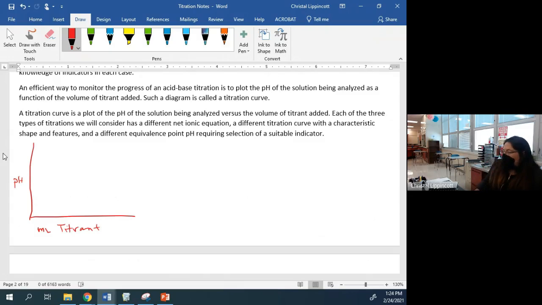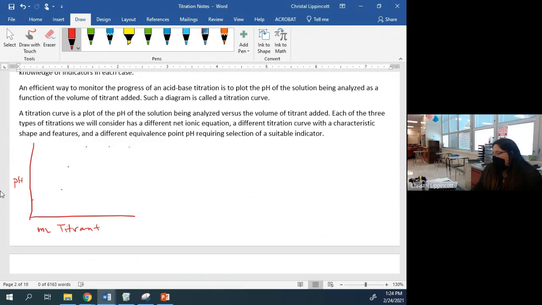Like I said, when we do this in regular chem, we don't really plot pH so much. You can take different samples and try to figure out, well, this is where it's going straight up because I know it's a strong acid, strong base, and that's where the equivalence point was. And then you can go off to the side because you know what the pH of that strong base would be in the end.